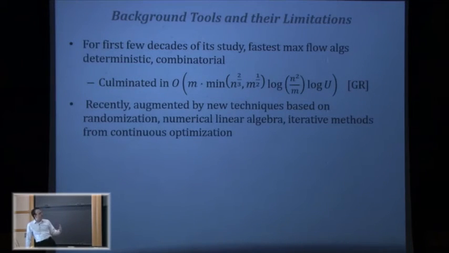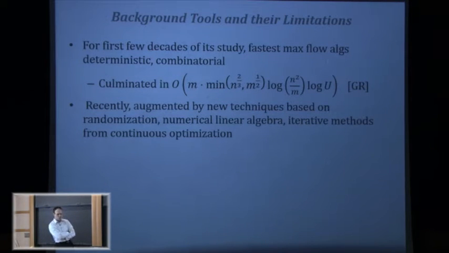Anyway, recently, there's been this nice confluence of techniques based on randomization, numerical linear algebra, iterative methods, and continuous optimization, where the two fields have been very strongly feeding into each other in what I think is really a growth field. I think there's still a lot to do here.